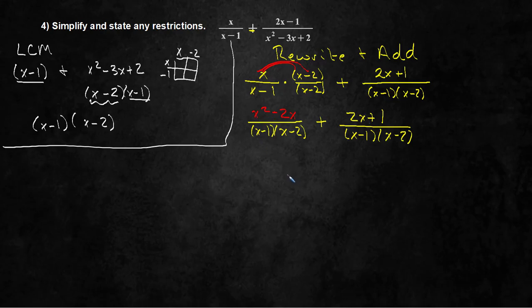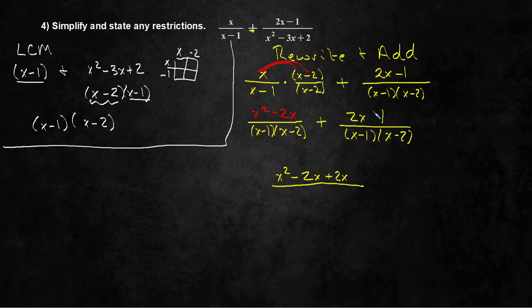Now we're going to rewrite as one fraction. x squared minus 2x plus 2x. Oops, that's supposed to be a minus 1. I didn't catch that. Let's go back and fix that.